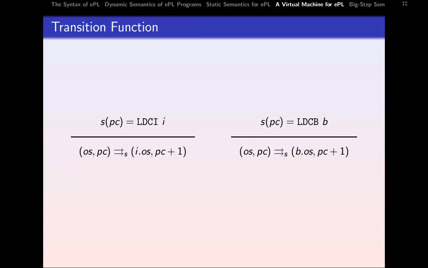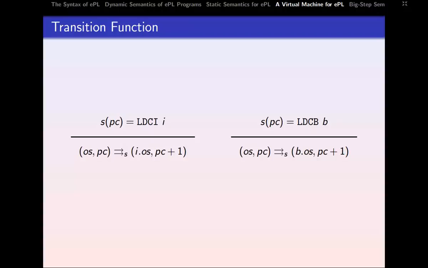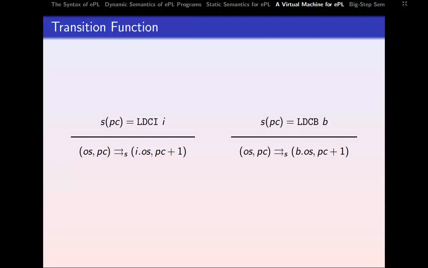And this is done via a transition function, and this is essentially what we call, or we're paving the way for, no, this is actually small step semantics for EVML programs. So if the current instruction, SPC means the current instruction.